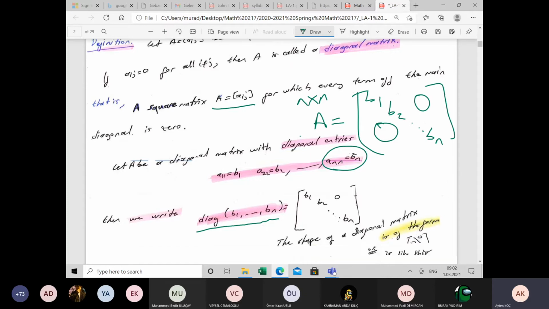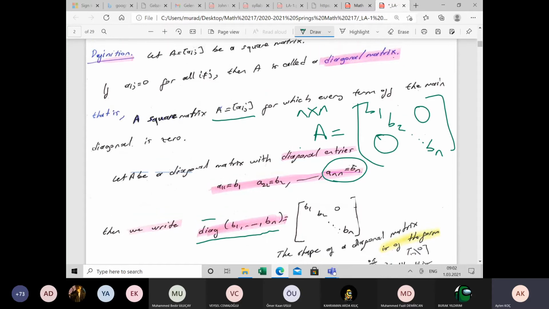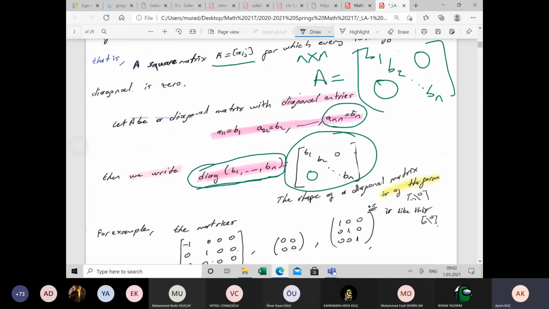This matrix is denoted by the notation diagonal(b1, b2, bn). What does it mean? This means this matrix.